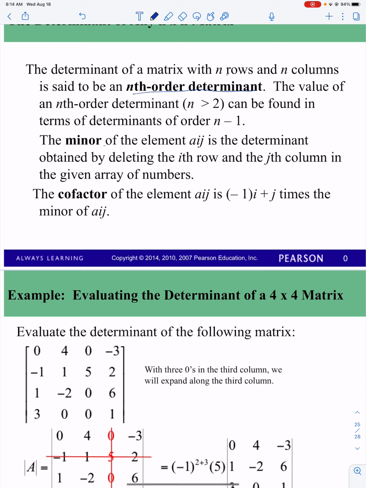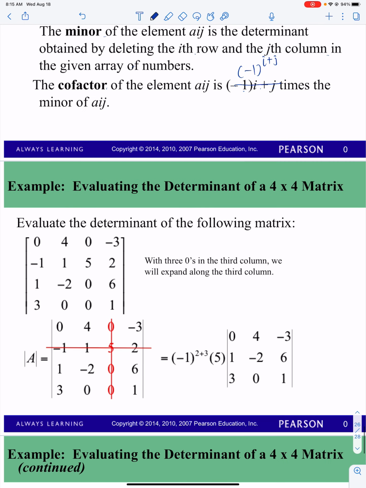The minor of the element aij is determined by deleting the ith row and jth column of the given array of numbers. The cofactor of the element aij is negative 1 to the power of i plus j times the minor of aij. Okay?